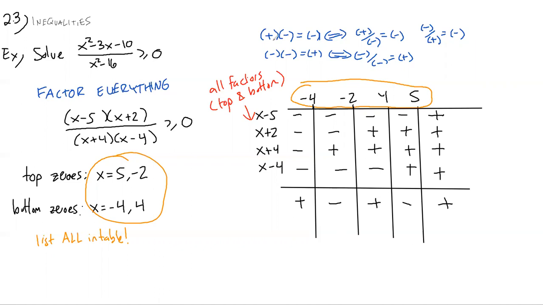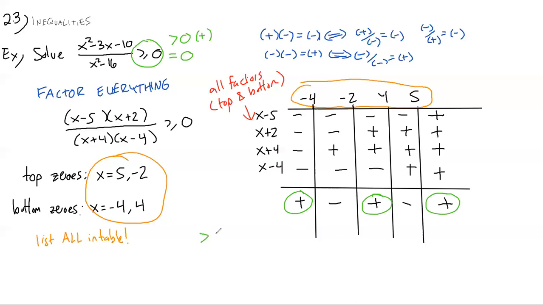And so I do have to be a little bit careful about my answer here. So for greater than or equal to 0, again, I'm going to break this into greater than 0 and equal to 0, because we do need to be careful. Greater than 0 just means positive. So I can just take my positive regions and list those.